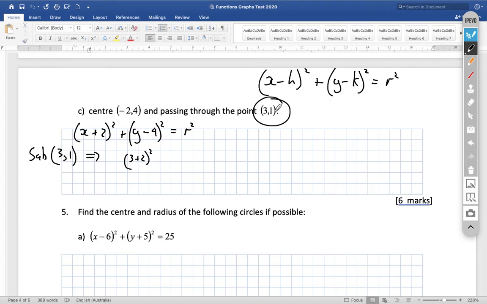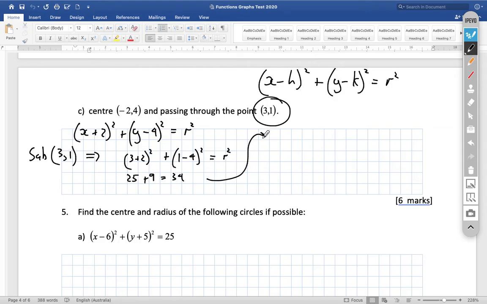Don't mix up your x's and y's. x is 3, y is 1. 1 minus 4 squared. We'll find out what it equals, then we'll know what the radius was, and we'll know what the equation was, right? So that's going to be 5 squared, that's 25. Here we've got 1, that's a minus 3 squared. Minus 3 times minus 3 is 9. This equals 34, right?